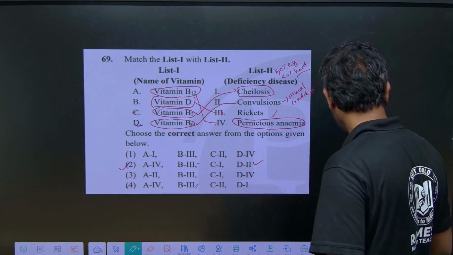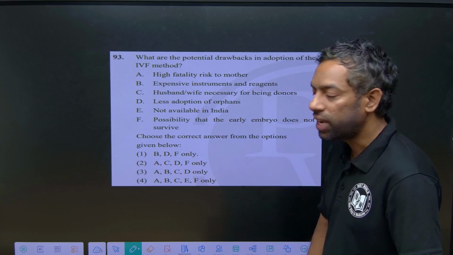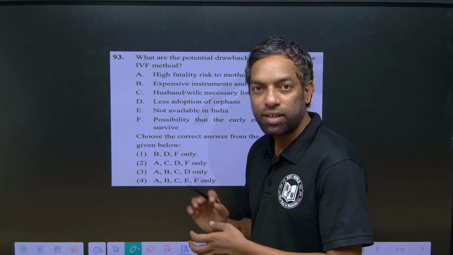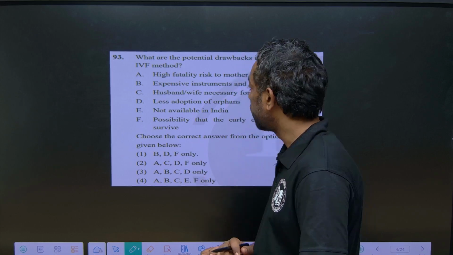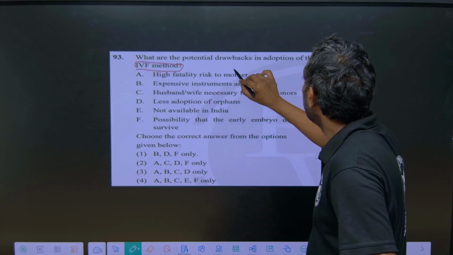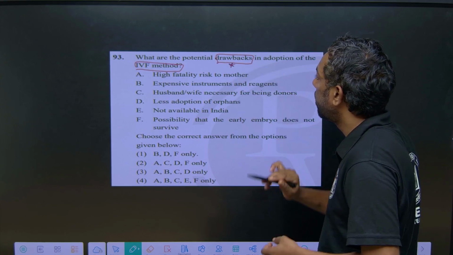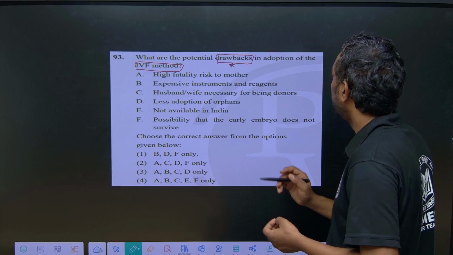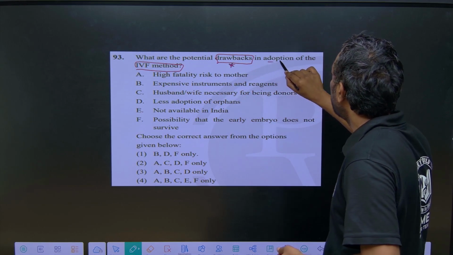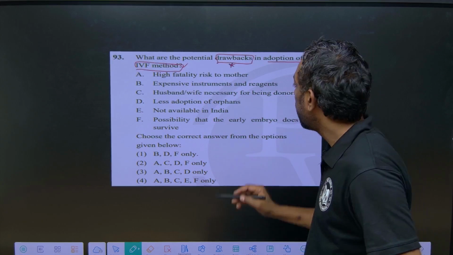Okay, this question. It is a direct question, guys, but a bit confusing. Civic sense, which is common sense, is used for this question. What are the potential drawbacks in adoption of the IVF method, and why is it not widely developed?